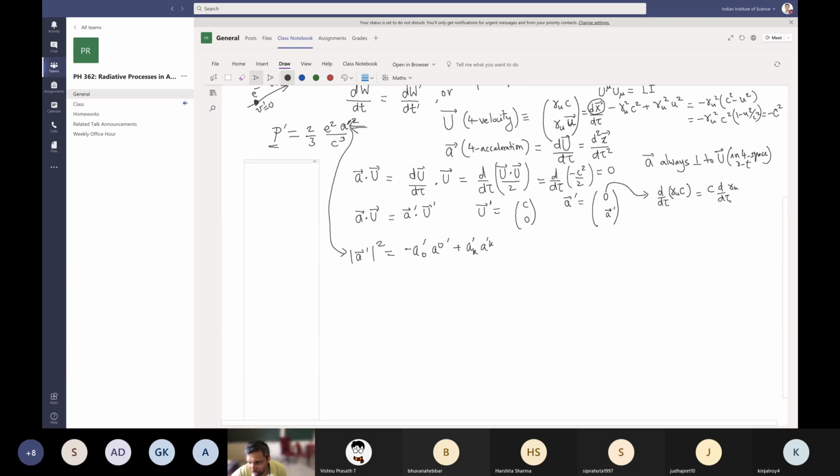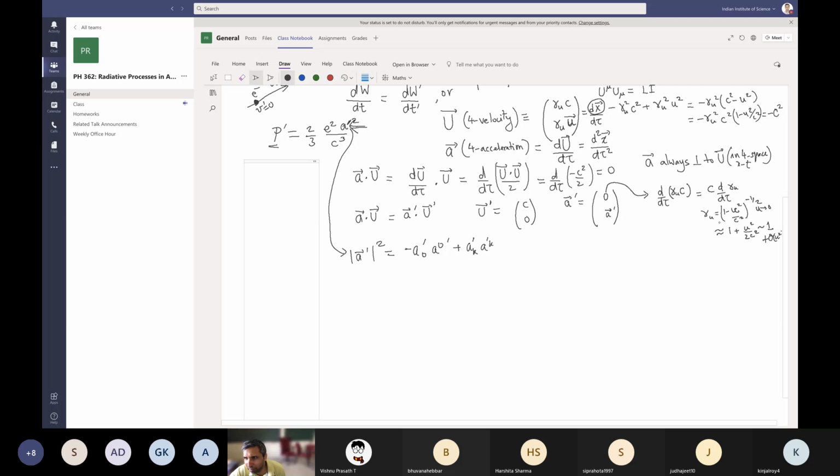But recall, we are in the particle rest frame, so gamma u is equal to 1 minus u squared by c squared to the power minus a half. So u is actually almost 0 for this particular time. So this is like 1 plus u squared by 2c squared, which is almost like 1 to linear order in u.